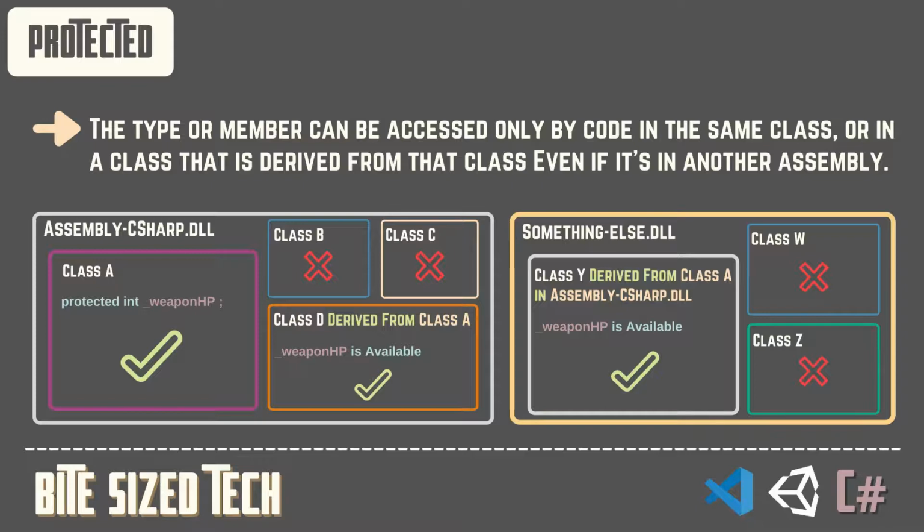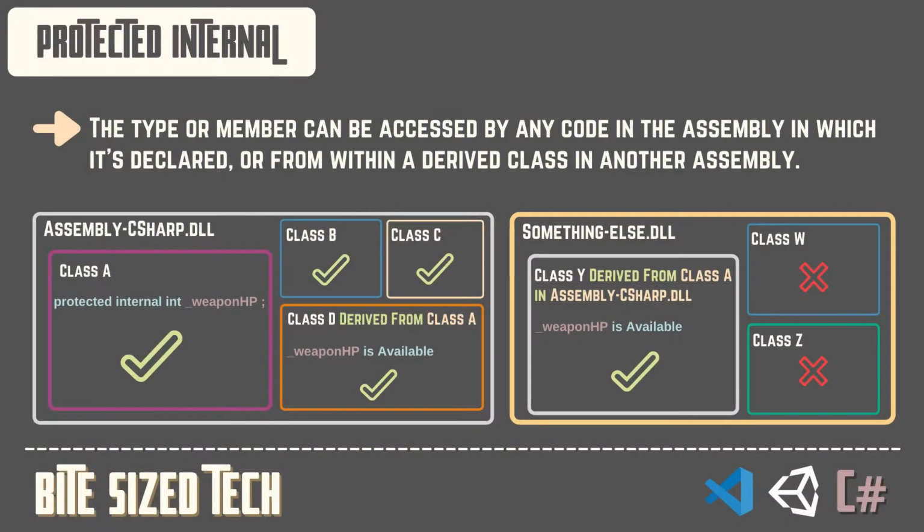What this means is, suppose you have 3 scripts, script A, script B, and script C, and all of them have class X, Y, or Z defined within them respectively, with class Z actually being a derived class, with the base class being class X, defined in script A. In this scenario, members defined as protected in class X will only be accessible within class X and class Z, while these members will not be accessible within class Y. I've yet to cover inheritance, so some of you might be confused about derived classes, but for now, don't think about it too much, as in the next video I'll be talking about inheritance and will explain everything related to it. After that we have protected internal.